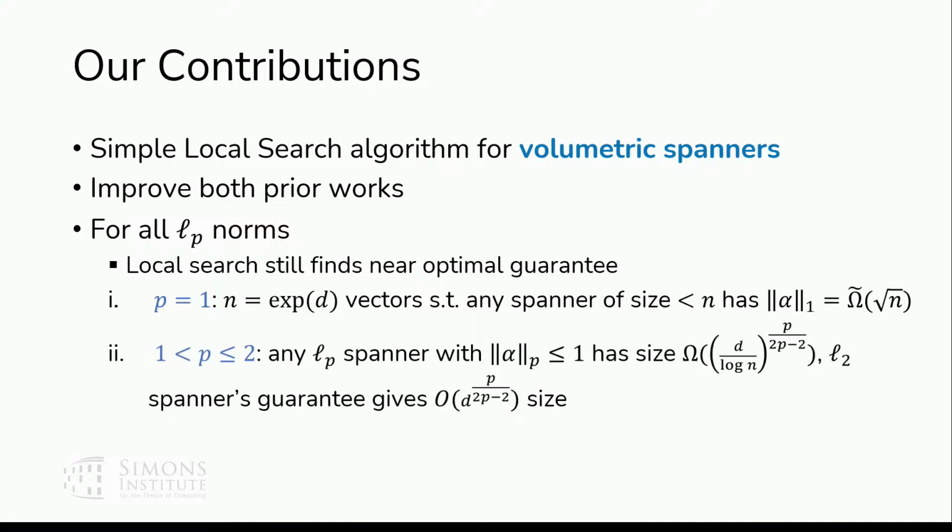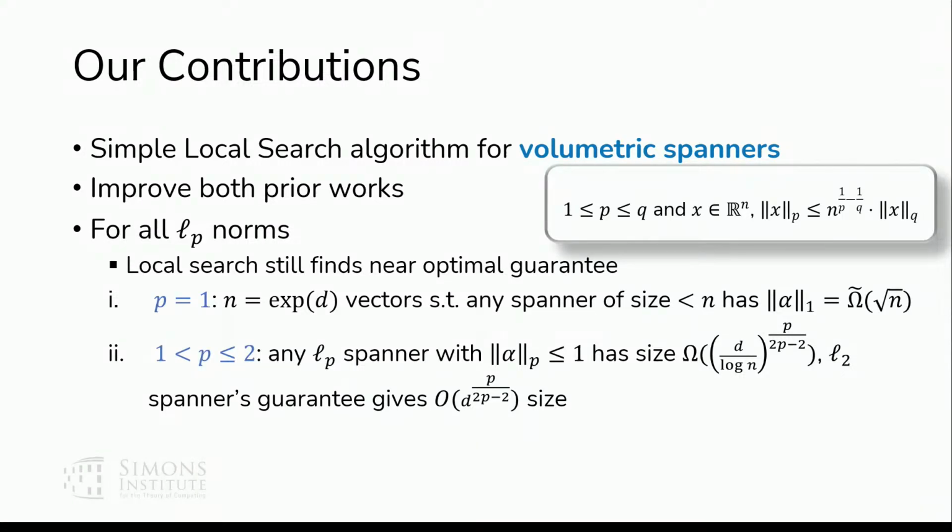And actually, we can get a matching bound here as well by just using local search. And for p between 1 and 2, we can also use the results from p equal to 1 and p equal to 2 to get the upper bound and lower bound results.